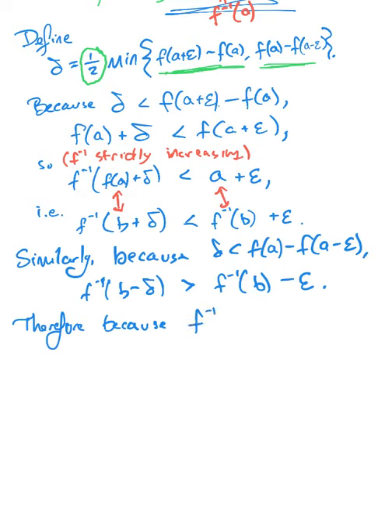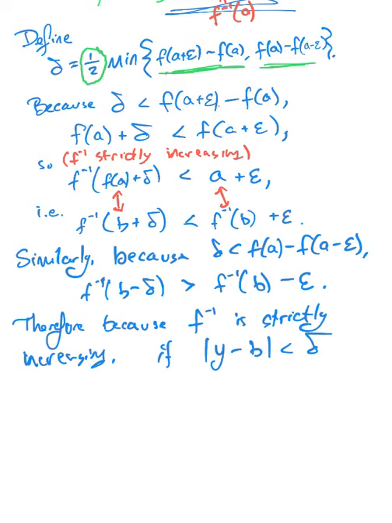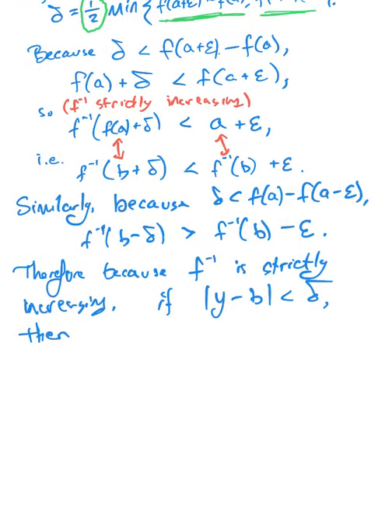Now we're going to use strictly increasing one more time. If y is any point within distance delta of b, then what do we have?